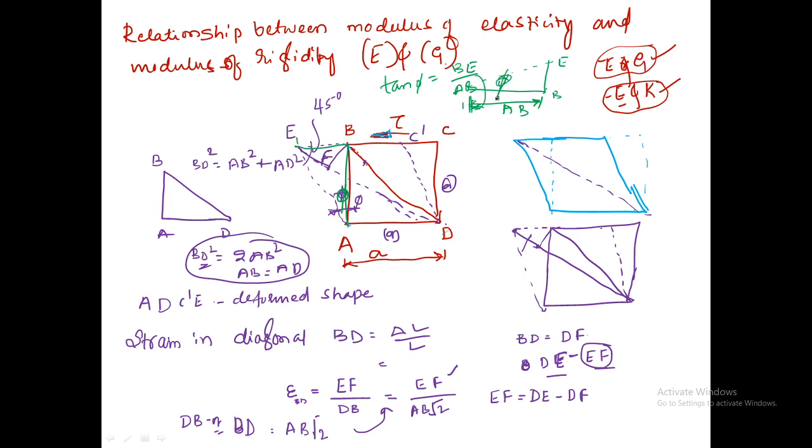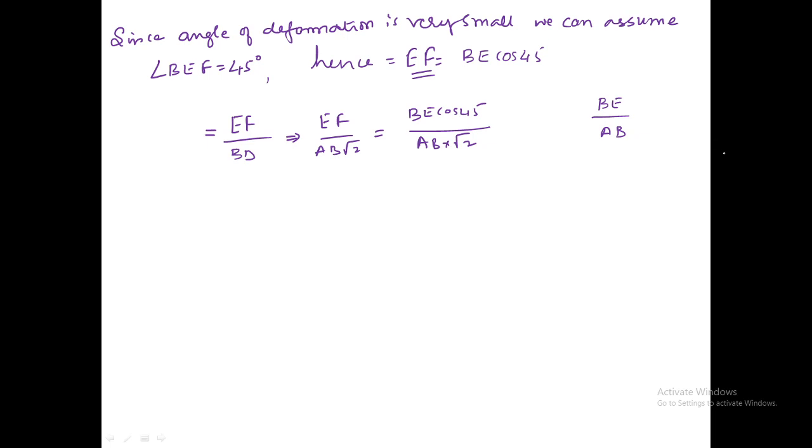Now I want to find out the angle here. Tan phi equal to BE divided by AB. Are you agreed? Yes, sir. Okay.